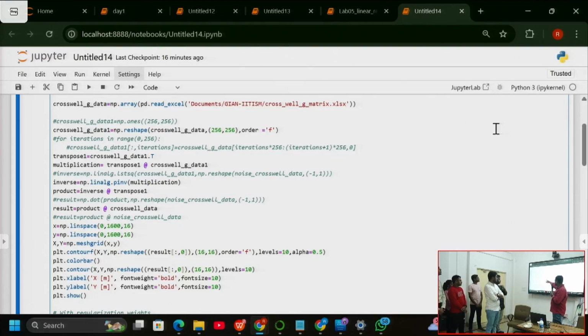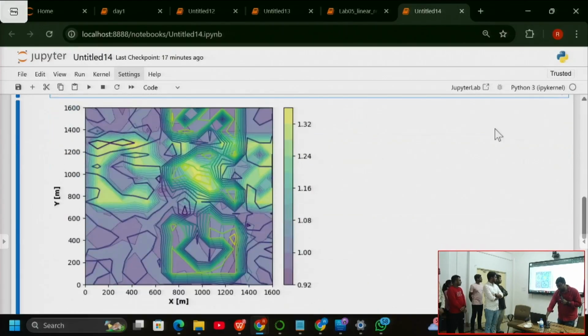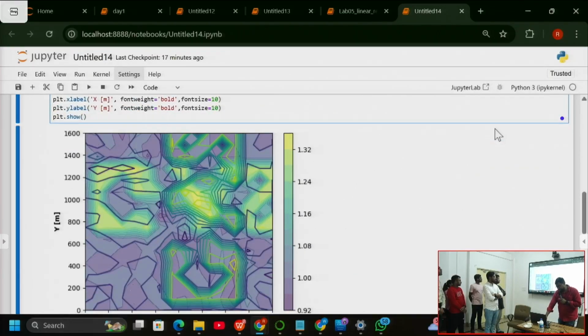The multiplication is the transpose multiplied by our G matrix, and the next is the inverse of GT G, and that product is the inverse multiplied by G transpose again, and the result we give is that product multiplied by our D vector. That result we are able to see at the bottom.